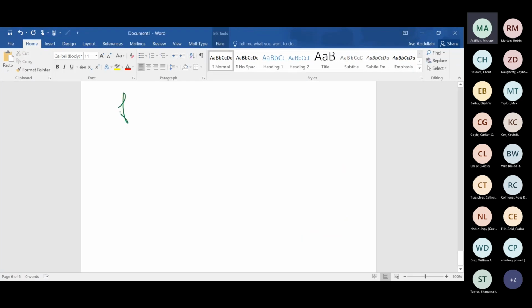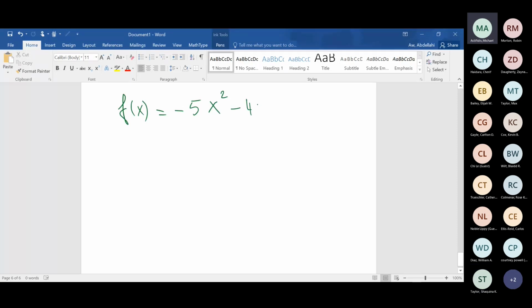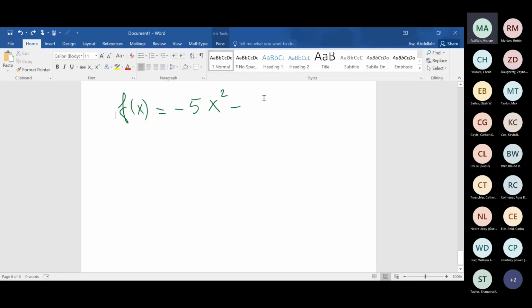F of x, find the vertex form, equal to negative 5x squared minus 40x. All right, go ahead. Do the steps we just talked about to get the vertex form, please.